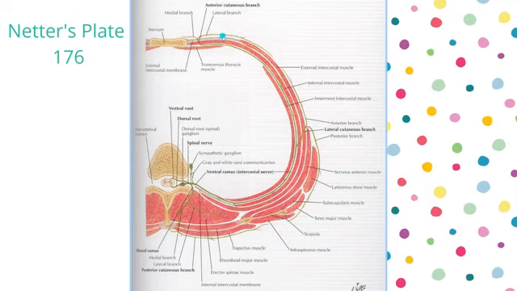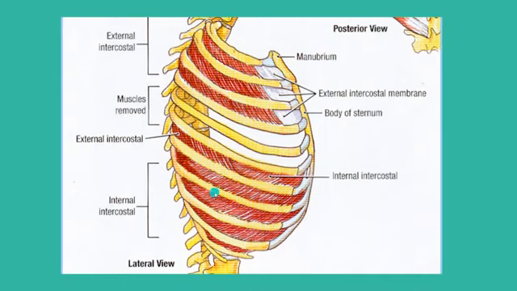The internal intercostal will have that fibrous membrane posteriorly, and this is called the internal intercostal membrane. Now, if you looked at this muscle, the internal intercostal, from the side, the fibers would run the opposite direction or perpendicular, and they run posteriorly and inferiorly when you view them from the side.